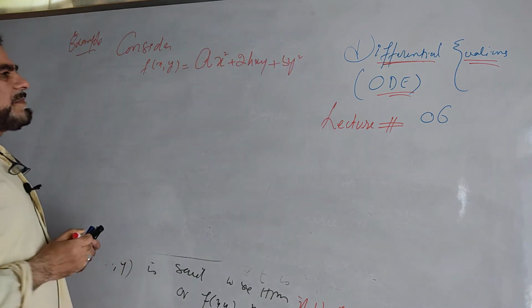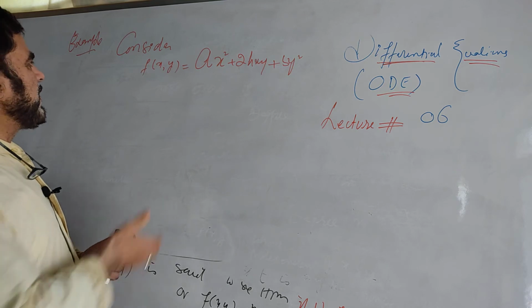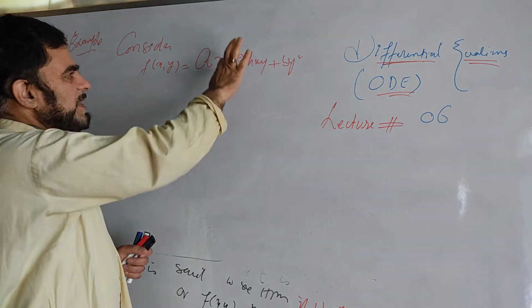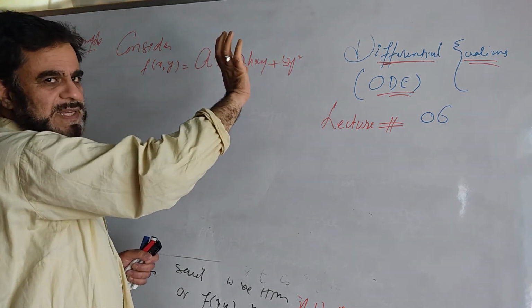At a glance, this is a homogeneous equation of degree 2, because x has degree 1, y has degree 1, and 1 plus 1 is 2.